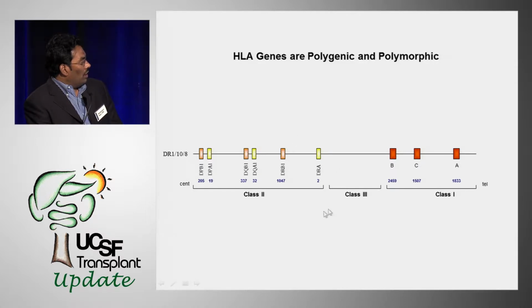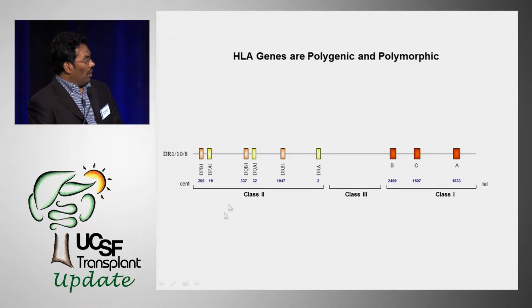In each set, we have an A gene and a B gene. The A gene encodes the alpha chain, and the B gene encodes the beta chain. These combine and are expressed as one DR molecule. So you have one DR, one DQ, and one DP, each coming from an alpha chain and a beta chain.